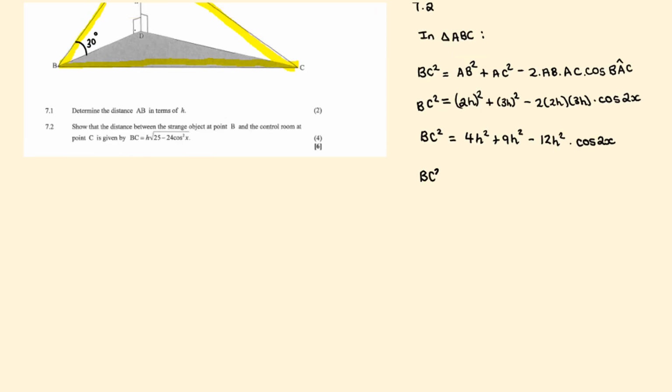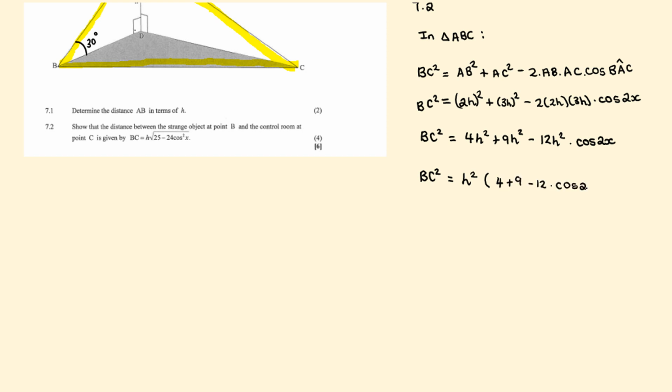Okay, so then we'll have BC squared is equals to 4H squared plus 9H squared minus 4 times 3, 2 times 2 is 4, 4 times 3 is 12, so 12H squared times the cos of 2x. Okay, then we have a common factor of H squared from all of these terms, so taking it out, we'll have H squared into 4 plus 9 minus 12 times cos of 2x.